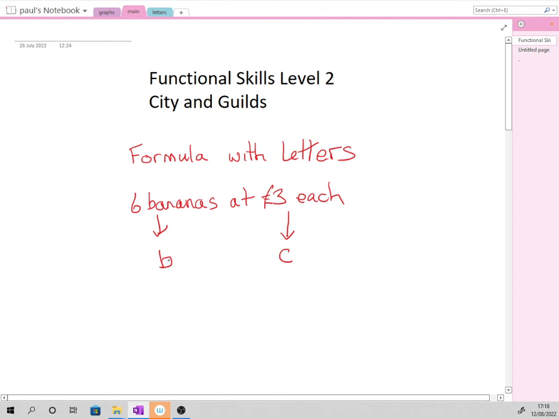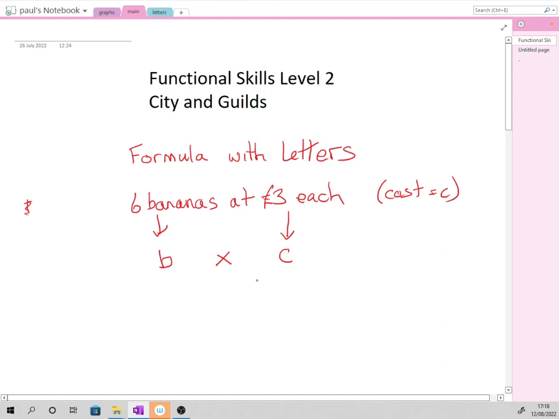So what we need to do is multiply the bananas by the cost. So it's B times C. It doesn't matter what the cost is or how many bananas we have at the moment, it's just going to be B times C. C is the cost, and B is bananas. Well, that's obvious. So it's just B times C.